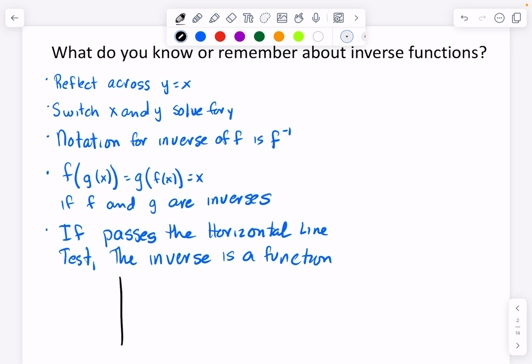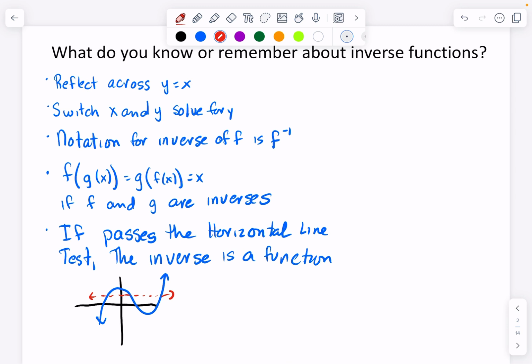So I have here this function. If I draw a horizontal line, that tells me that the inverse of this function, I can't find an inverse function.